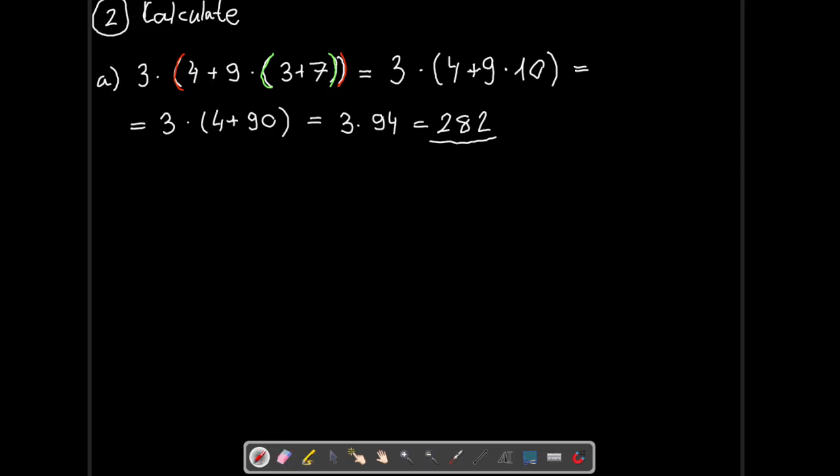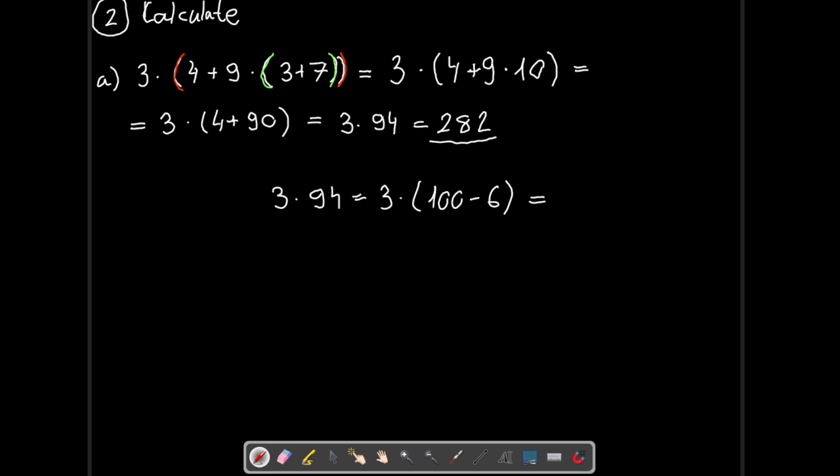How to multiply this without using the column multiplication? We can use the distribution rule. We know that 3 times 94 is the same as 3 times 100 minus 6.